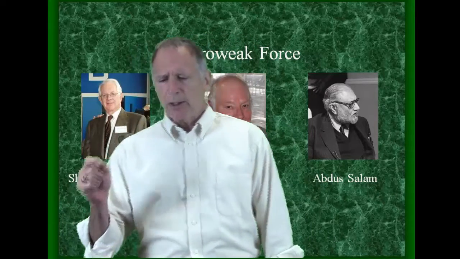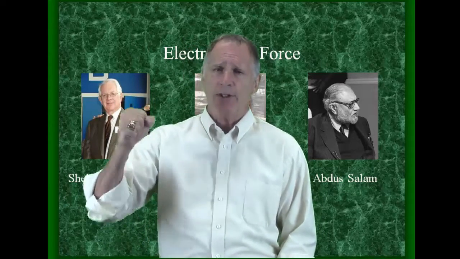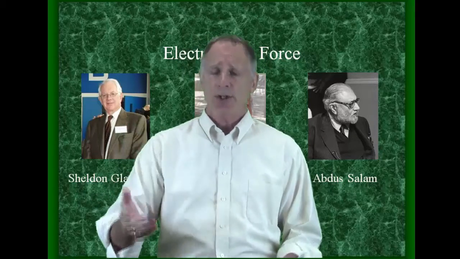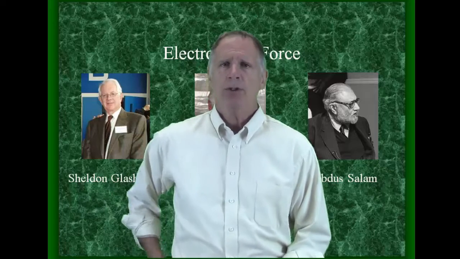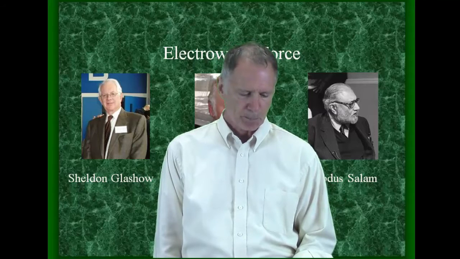Well, now I have to emphasize, though, that the temperatures were great. We need tremendous temperatures to unite these forces. We'll get into energy levels in just a second, but we're talking about 10 to the 15 degrees Kelvin. It's believed that the electromagnetic and weak forces were united in the Big Bang.